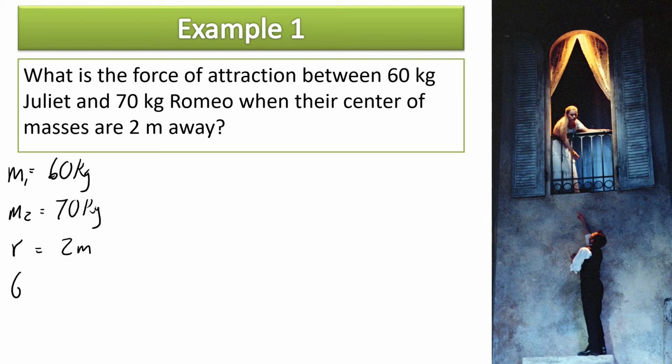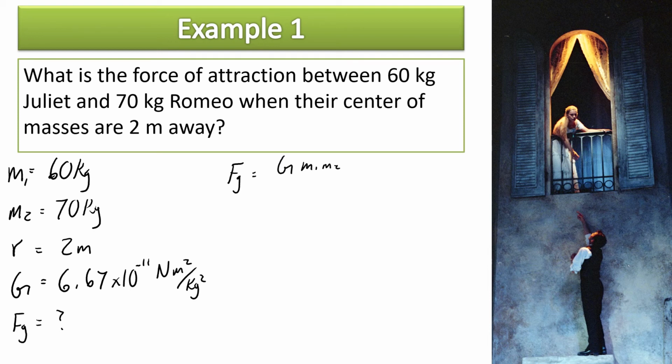Now don't forget to write the units for big G. All right, 6.67 times 10 to the negative 11 Newton meters squared per kilogram squared. And we're looking for Fg. So you write your equation, Fg is equal to big G, M1, M2 over R squared. Then you plug in.